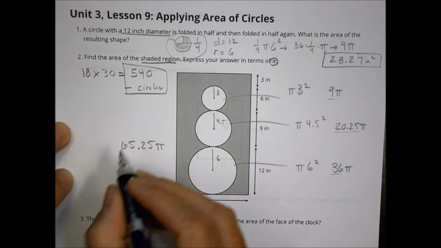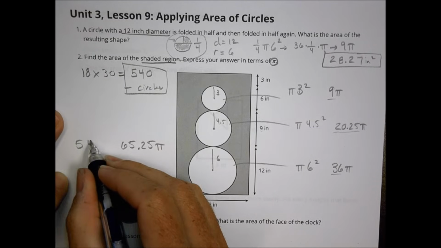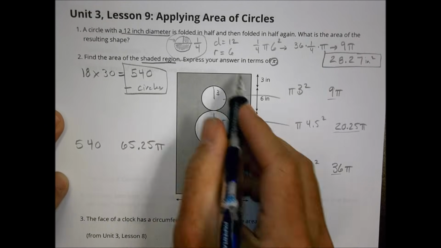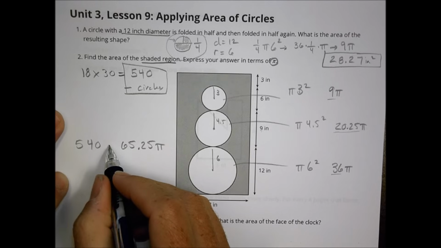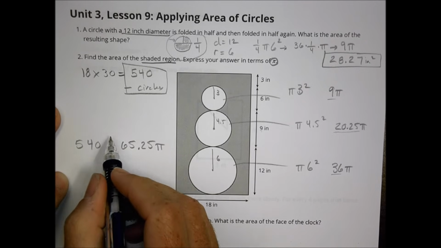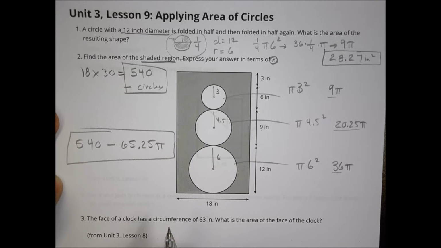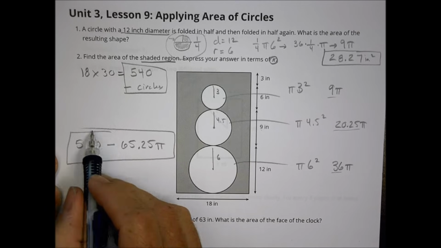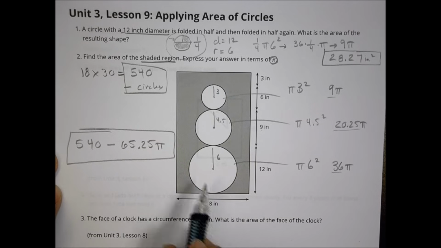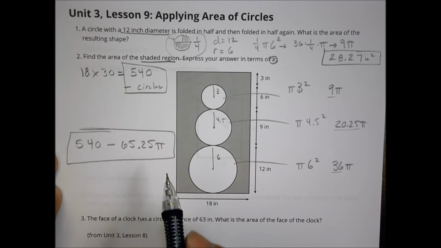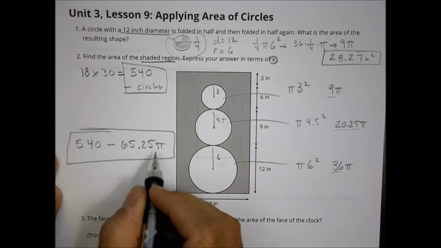So for a solution, we would say it's going to be 540, the area of the whole shaded area, minus the area of those circles combined in terms of pi. So that's the area of the shaded region in terms of pi. It's not a totally done answer, but that's just what they want you to do. It's the whole minus the circles combined.